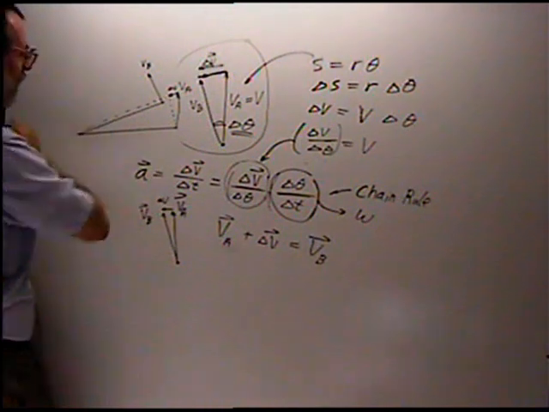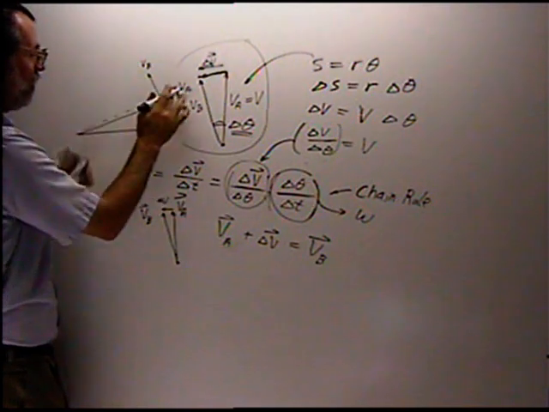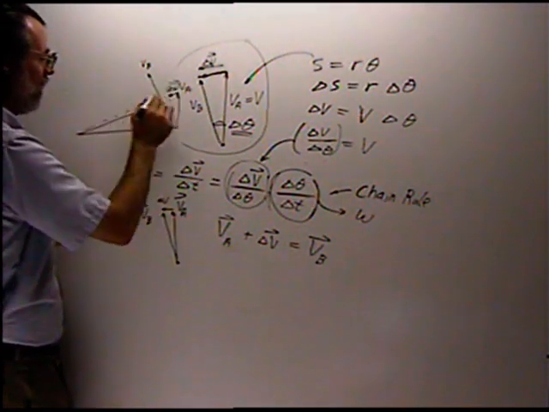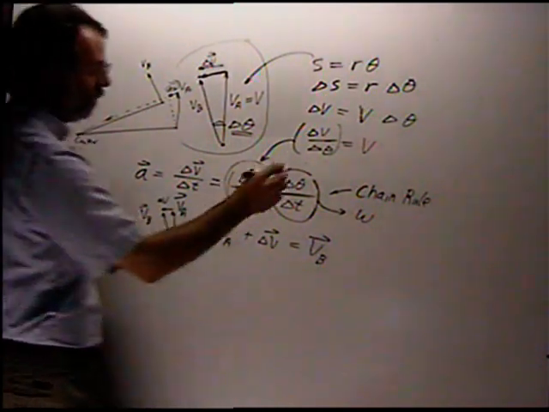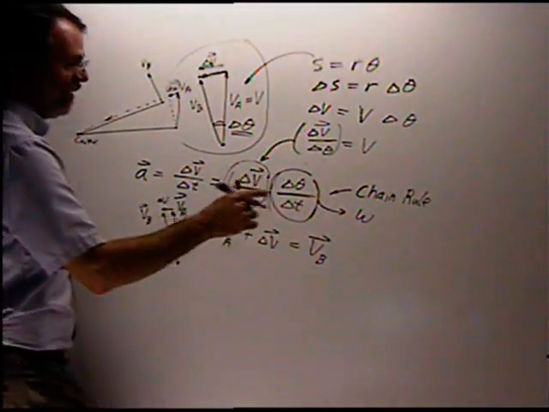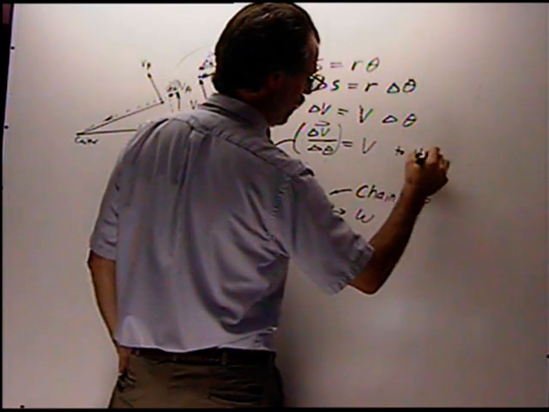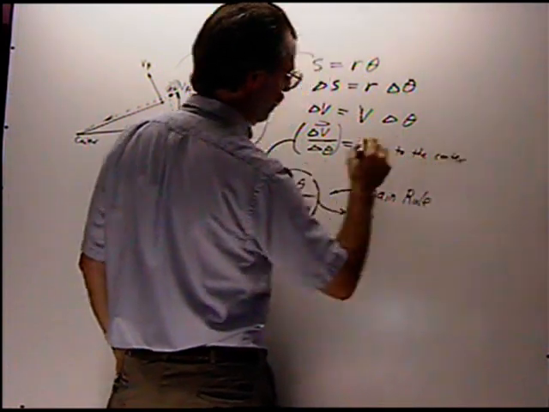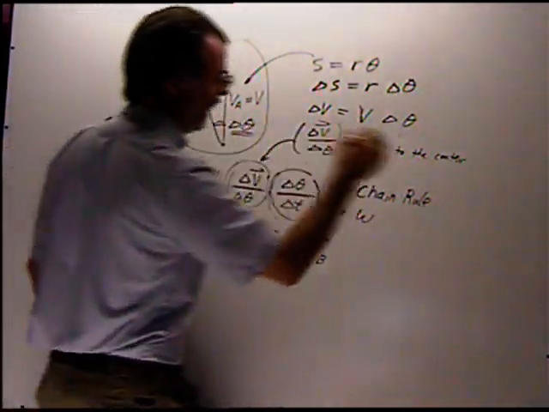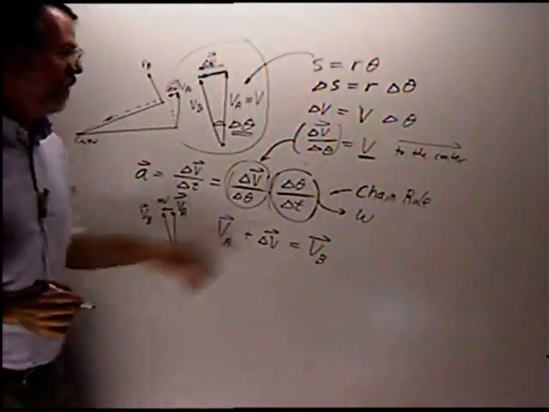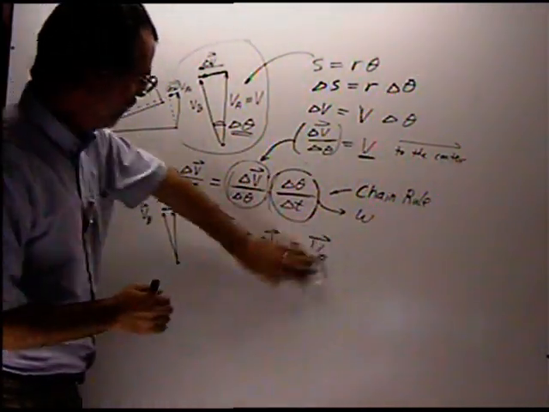It's directed right to the center. The smaller we make this angle, the more we can see that this delta V is a vector pointed right to the center. So this is a vector quantity, and delta V divided by delta theta is numerically equal to the tangential velocity, and the direction is toward the center. I'll put a little vector symbol over that to indicate that it's directed to the center.